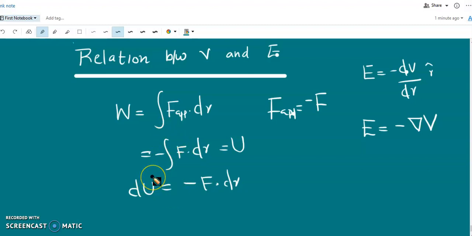Suppose we are taking a unit positive charge from infinity to a point in the electric field, then the corresponding work done is stored as the potential. In this case, suppose we are taking a charge capital Q from infinity, F is equal to Q times E. So this is minus QE dot dr.